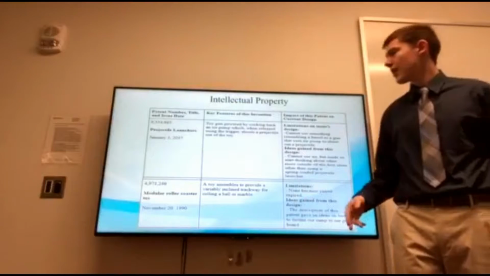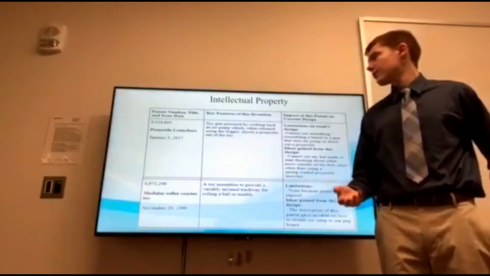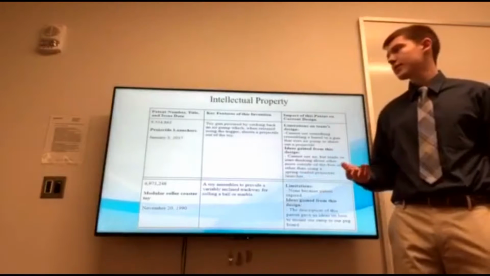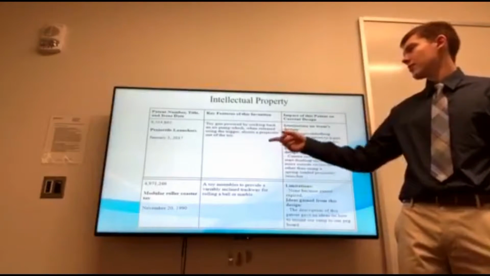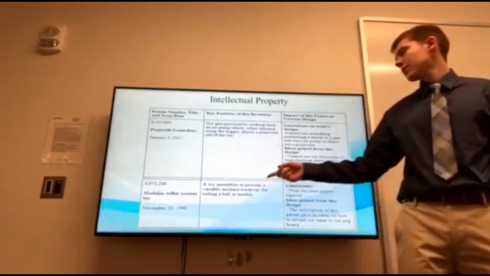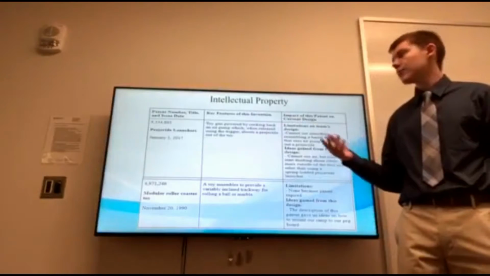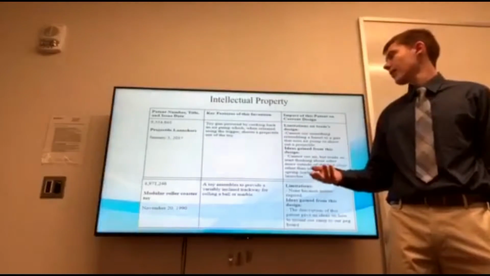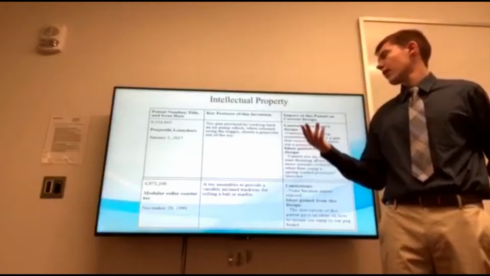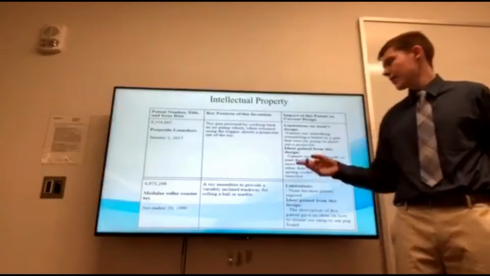This is our intellectual property. We looked into five different patents when we were doing research, and two examples of the patents we looked at were projectile launchers and a modular roller coaster toy. The projectile launcher used an air pump, so we decided we couldn't use an air pump for our project, but in order to get the projectile launcher to shoot, we decided to use rubber bands instead.